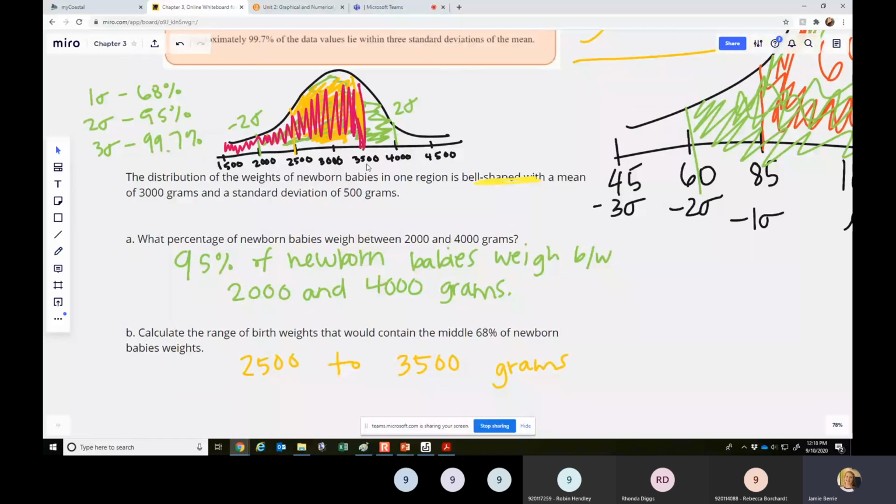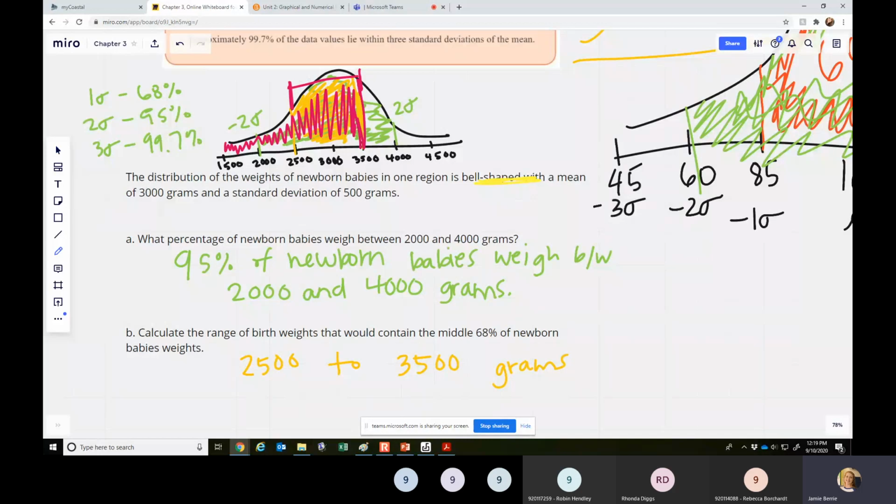All right, so let's start off and let's think about where 3,500 is. Well, 3,500 is 1 standard deviation above the mean. So one way you could think about this is, I know that from here to here, that's 68%, so you could build off of that.